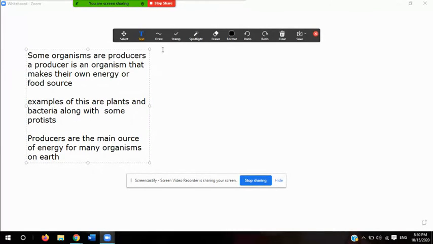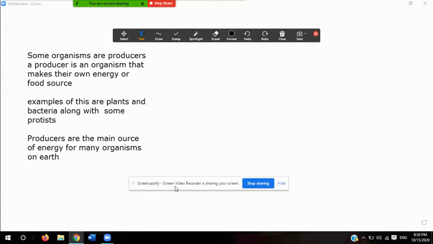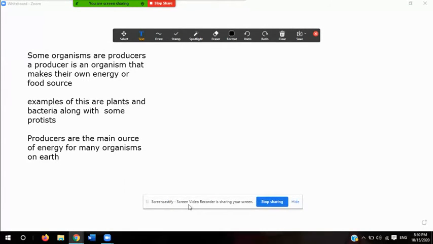An example of this is we have animals that are herbivores, or animals that eat plants, and we have a wolf that eats one of these animals. For example, we have a rabbit who's a herbivore, and that rabbit is eaten by a wolf. Because the rabbit's diet is plant based, some of the energy or some of the nutrients that the wolf obtains by eating the rabbit actually comes from the fact that the rabbit eats plants.